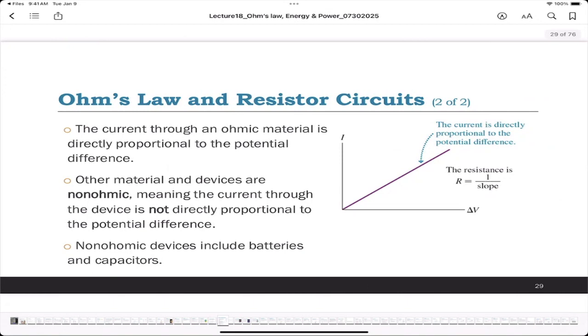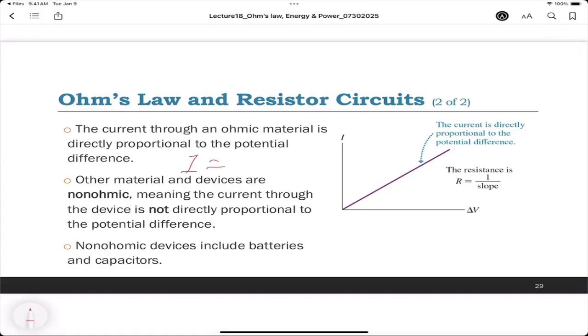The current through an ohmic material is directly proportional to the potential difference. We know I equals delta V divided by R, which means the current through an ohmic material is directly proportional to the potential difference.